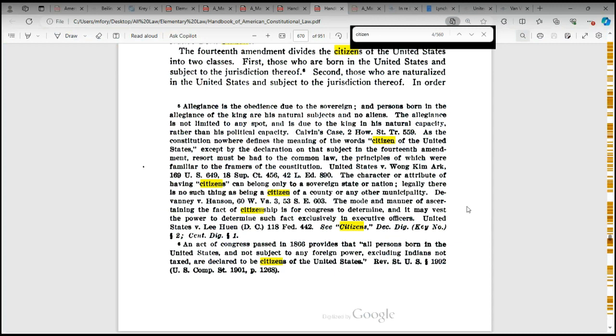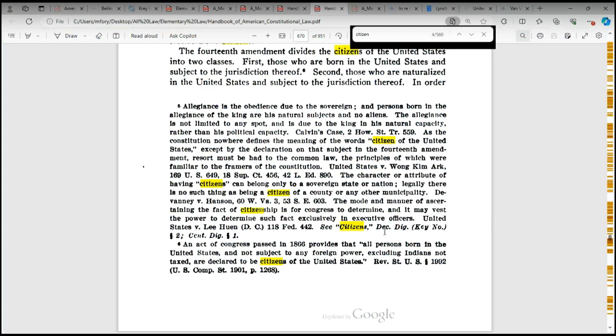The mode and manner of ascertaining the fact of citizenship is for Congress to determine, and it may vest the power to determine such fact exclusively in executive officers. And then they give you another case. I don't know what this is. December Digest.